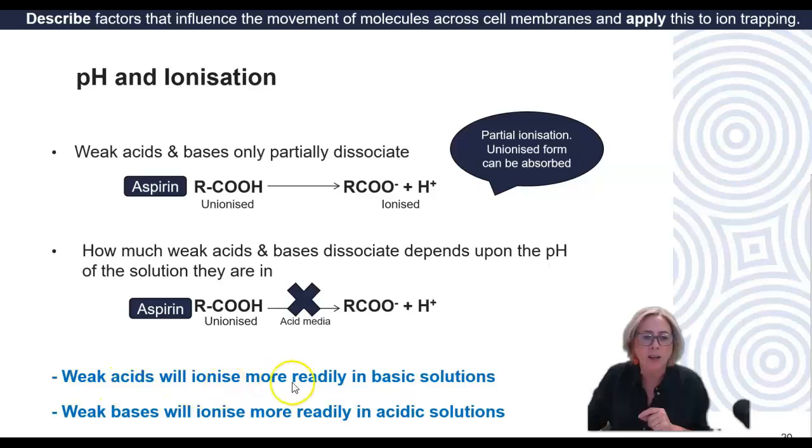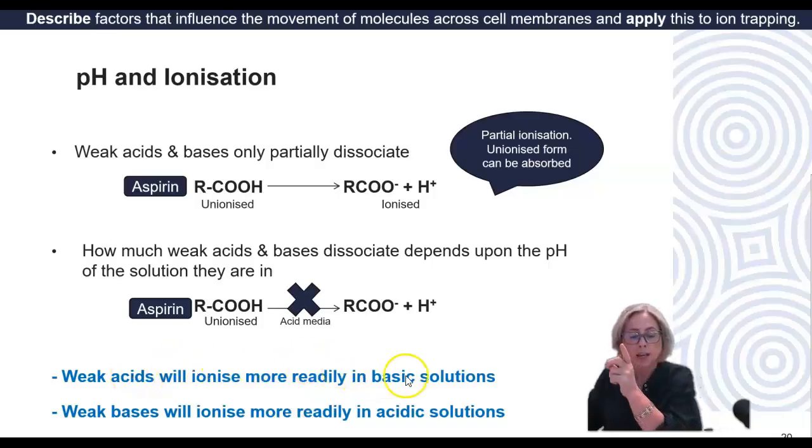Weak acids will ionize more readily in basic solutions. And that makes sense, because acids are proton donors, bases are proton acceptors, so they're going to bind and take up that hydrogen. So if you've got more ionization of a weak acid in a basic solution, then it's going to become more ionized, more water soluble, less absorbed.